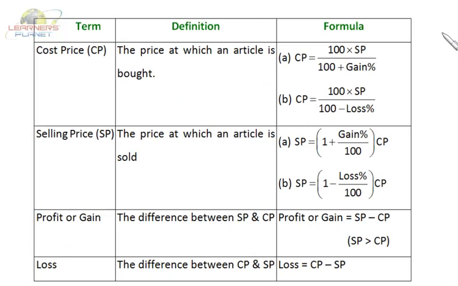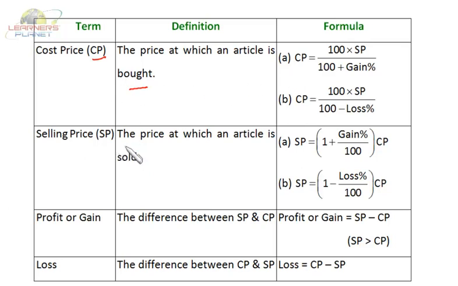Now friends, let's discuss some basic terminologies before we proceed for the topic. Now what's cost price? Friends, we will be using the term CP for cost price, the price at which an article is bought. Okay, that means the price at which you are buying an article. So it's cost price.